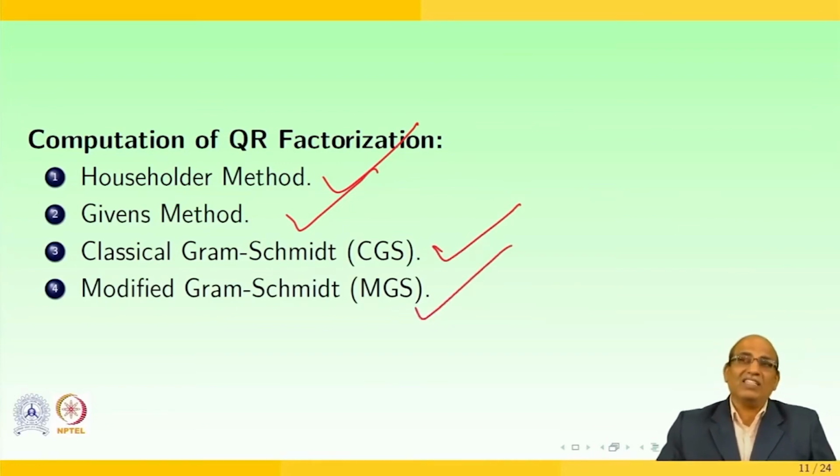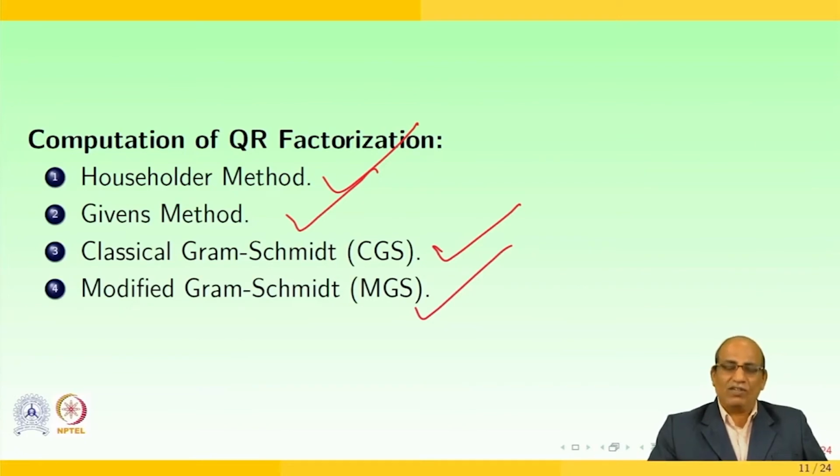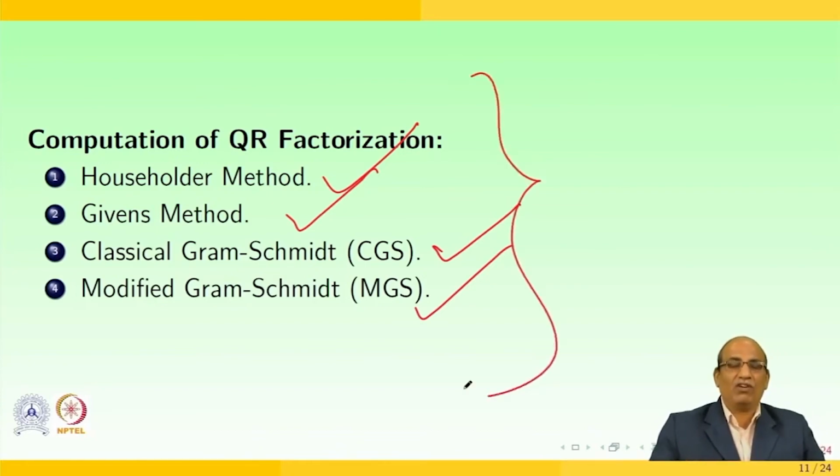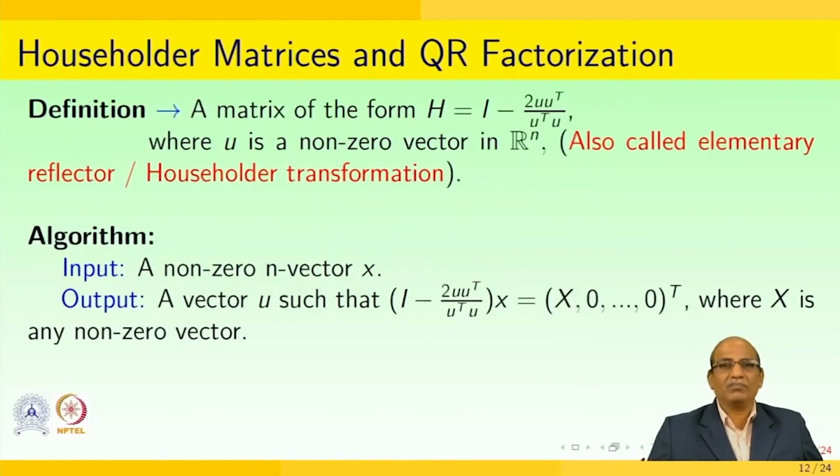There are some instances where the Householder method works very well, some where Givens method works very well, some where classical Gram-Schmidt works very well, and some where modified Gram-Schmidt works very well. So one should be very careful how you handle these classical methods to find solutions to the systems.